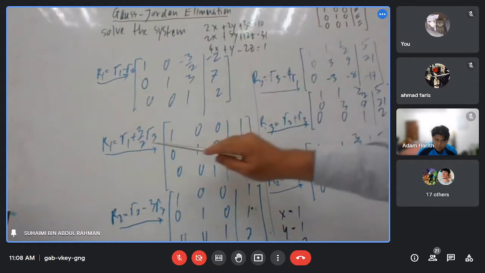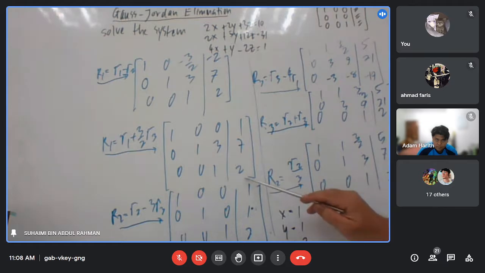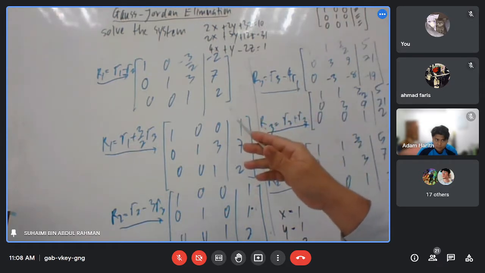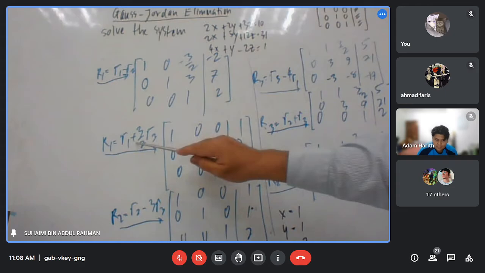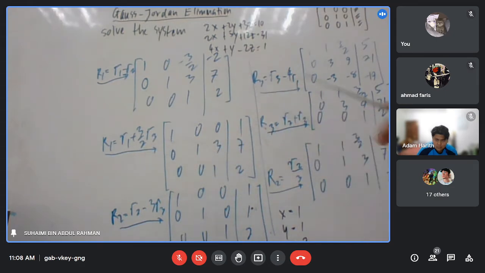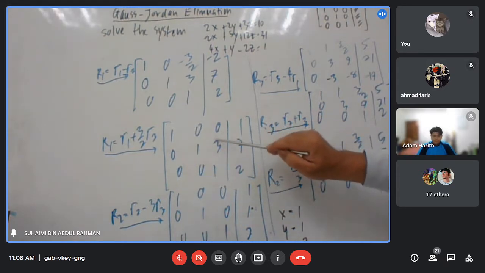Minus 2 plus 3 over 2 times 2, minus 2 plus 3, which is 1. So our matrix is like this.